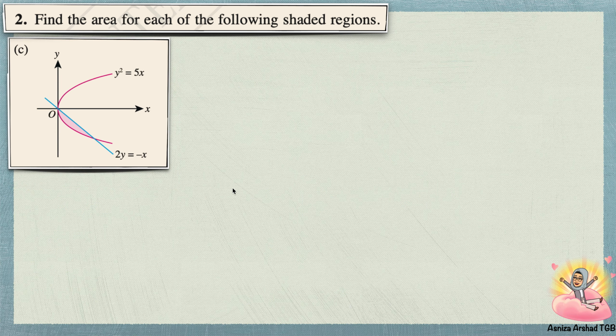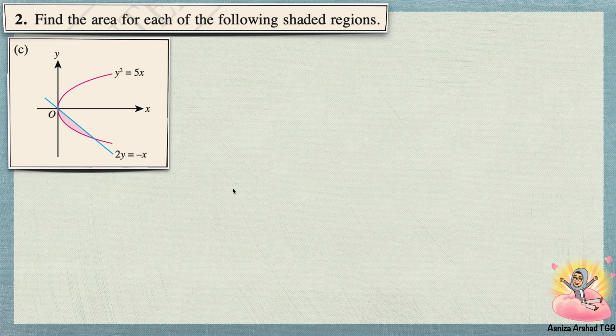So the shaded region between the two curves will be the colored region. Those are the points of intersection. Now we need to find the area of the colored regions between the two curves.